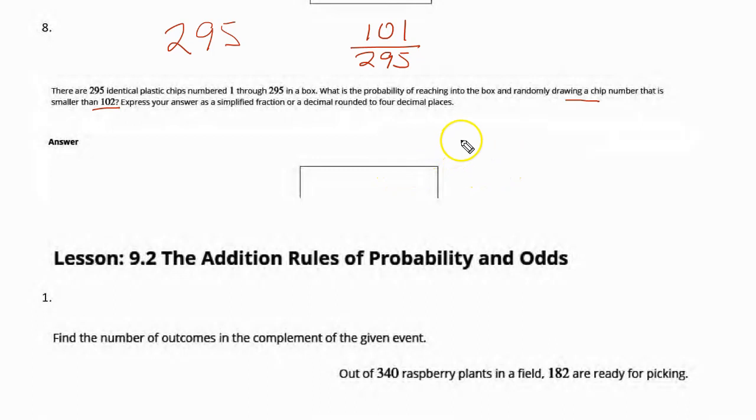Or in its decimal form, I did this one also, we get 0.34237228. So they want 4 decimal places. So 1, 2, 3, 4. The 5th decimal place is a 7. So we'll drop those and make this 3 a 4.